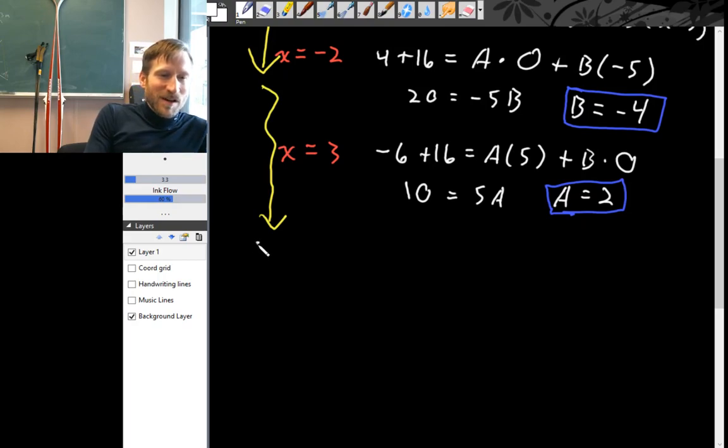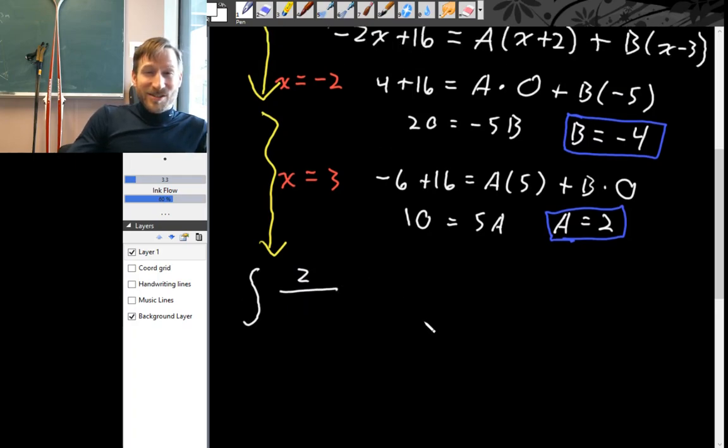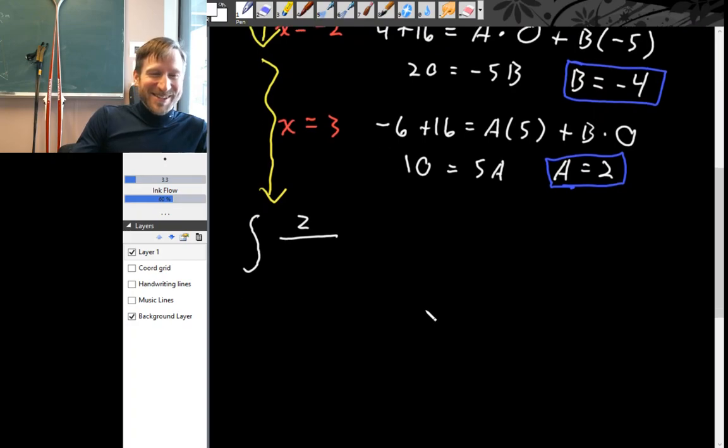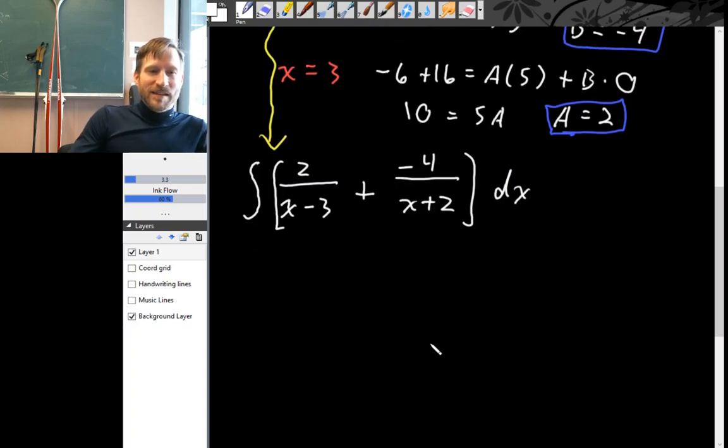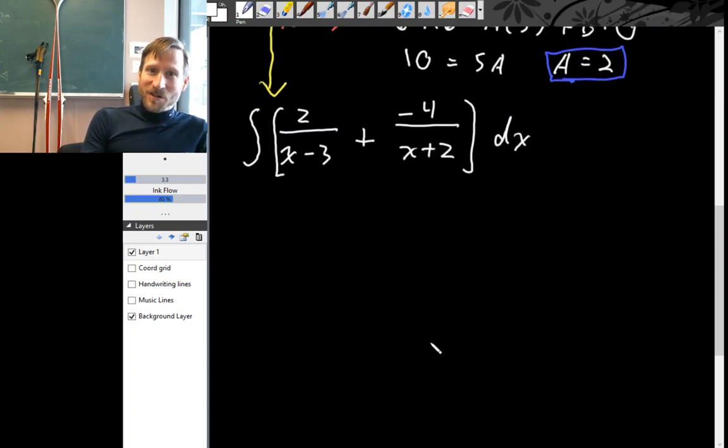It's the integral of A, which is 2, over x minus 3, plus B, which is negative 4, over x plus 2, dx.